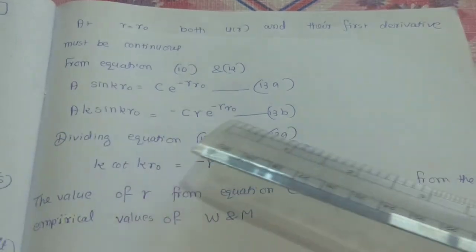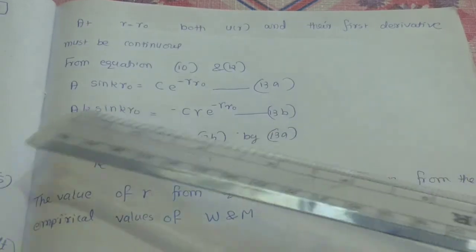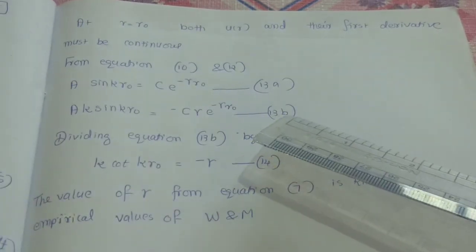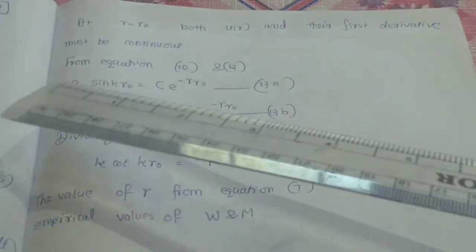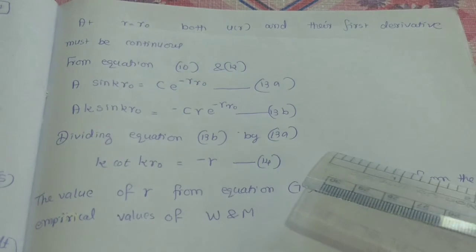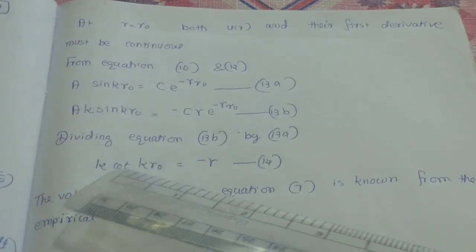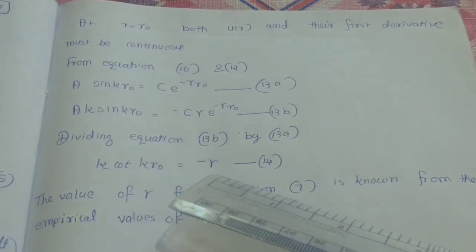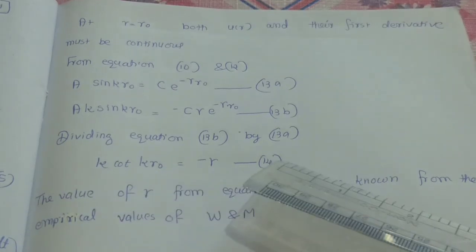This is equation number 13b. This 13b can be obtained by taking the derivative of equation 13a. Dividing equation 13b by 13a, we get k cot k r0 equal to minus gamma. This is equation number 14.